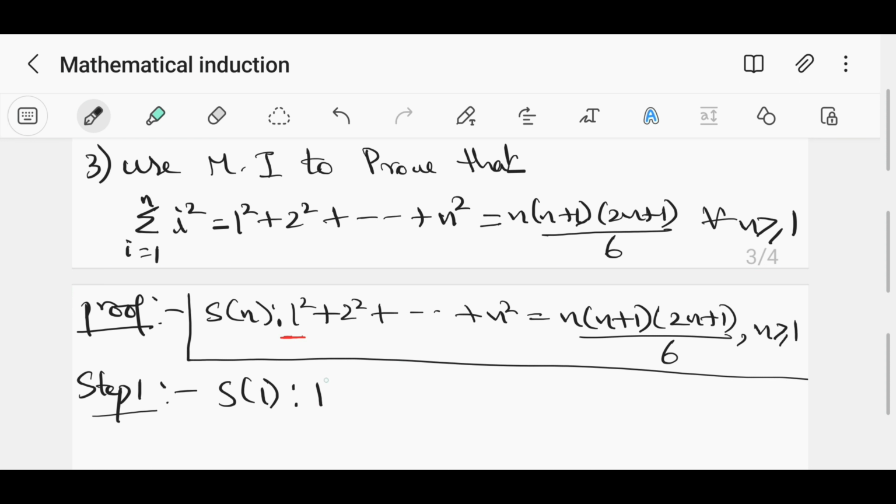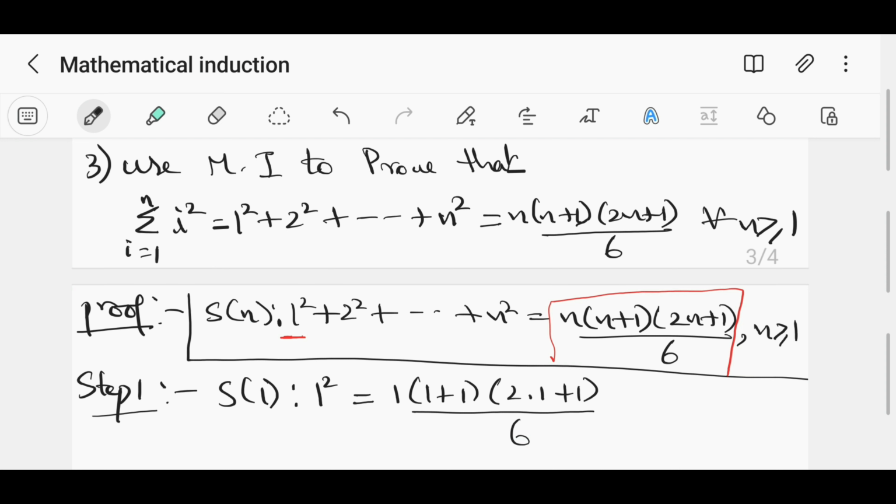So you are going to get 1 square is equal to, in your RHS, substitute n is equal to 1. So what do we get if we substitute n is equal to 1 in the RHS? We get 1 into 1 plus 1 into 2 into 1 plus 1 whole divided by 6.